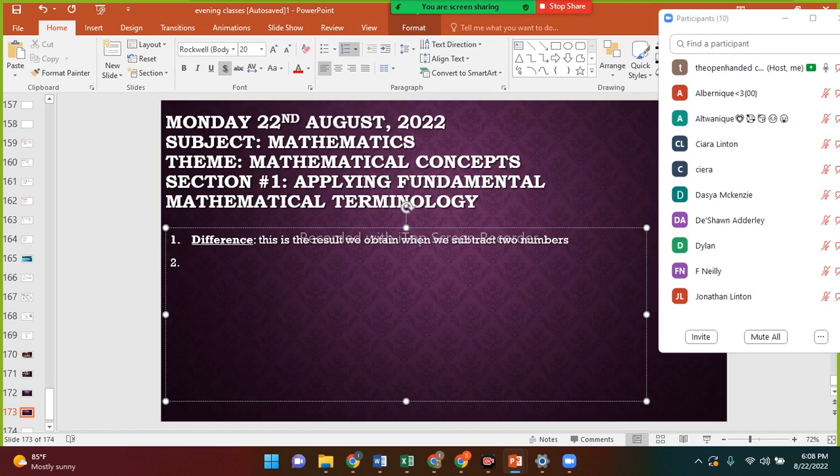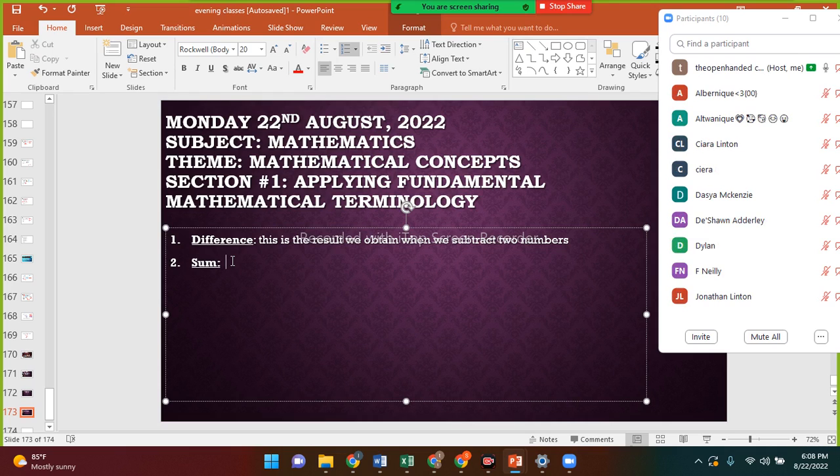And then we have another mathematical term. I'm going to ask Jonathan, what do we mean by sum? Sum means the answer to an addition.